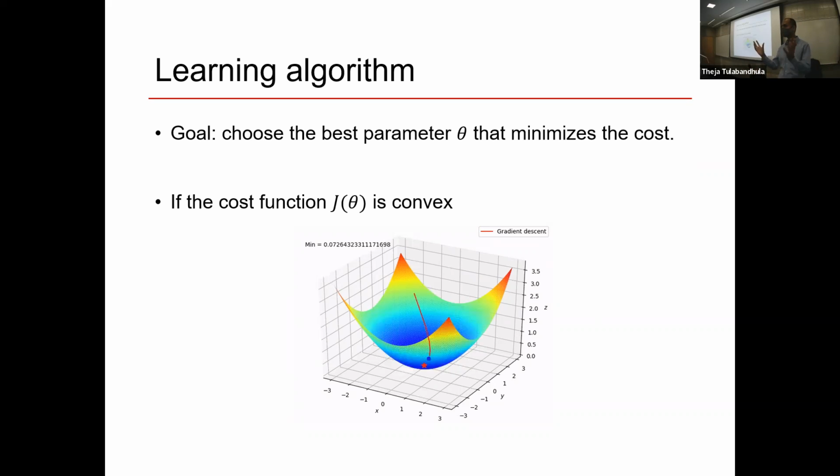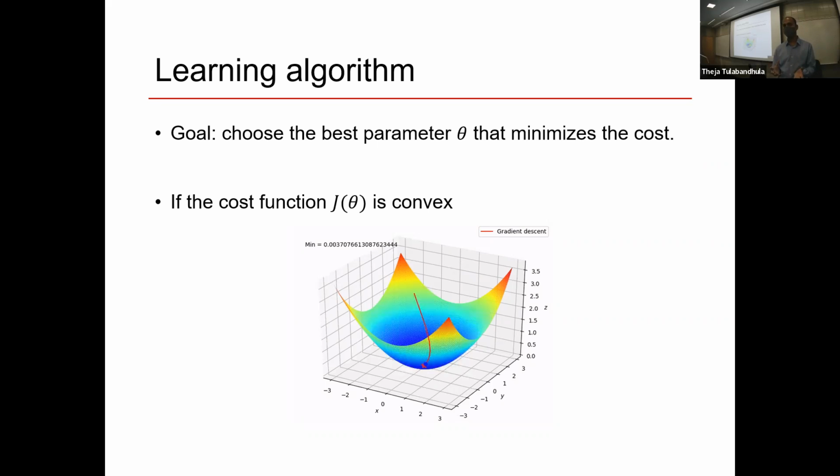Convex functions look like a bowl, or a parabola, where there is only one bottom essentially. It looks like a single valley, so you have to get to the bottom of the valley, and gradient descent is one way to get to the bottom of that valley.